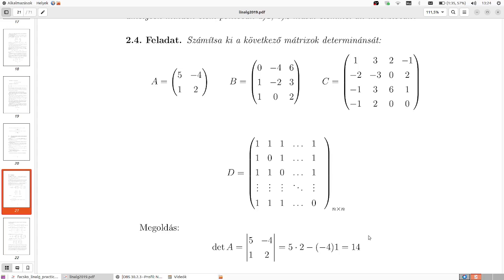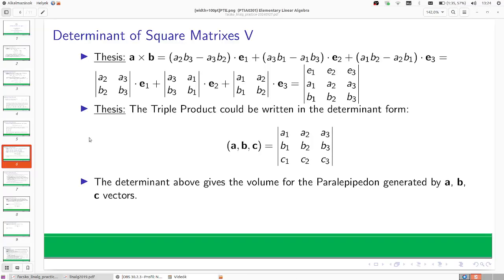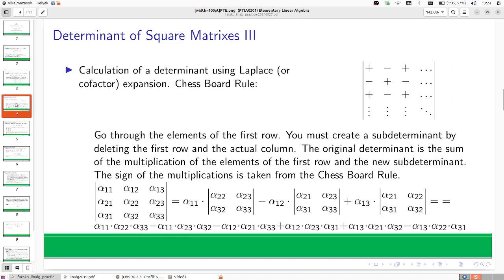The first is minus 1. Okay, here. Let's go back to my slides. Particularly this one. In Hungarian we call this the chessboard rule. I didn't find it in English. Perhaps it doesn't exist.